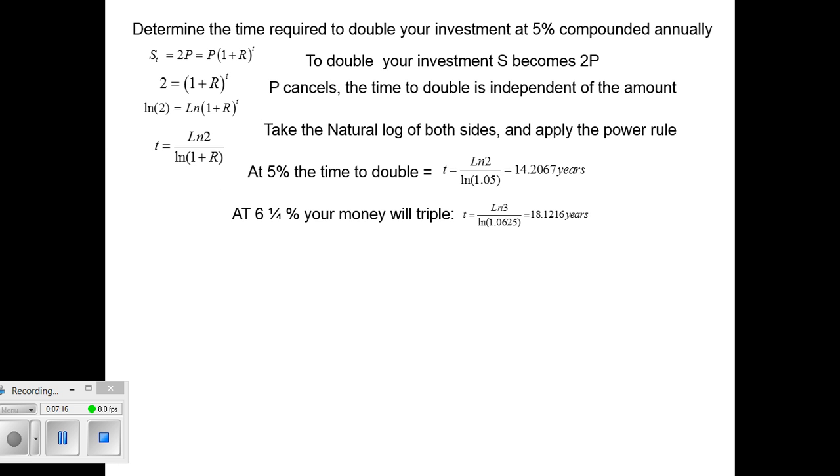So we have the natural log of 3 over the natural log of 1.0625, which is 6.25%. It looks like 18 years to triple your money at that rate of 6.25%.